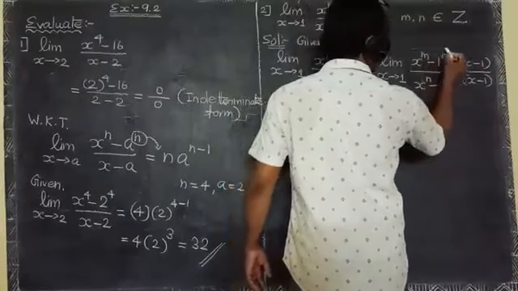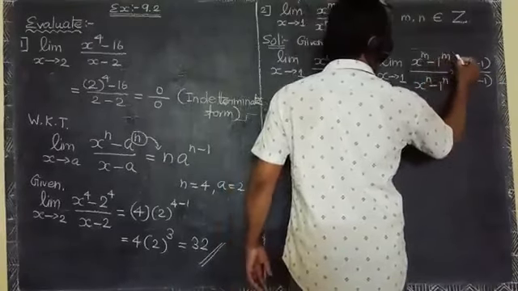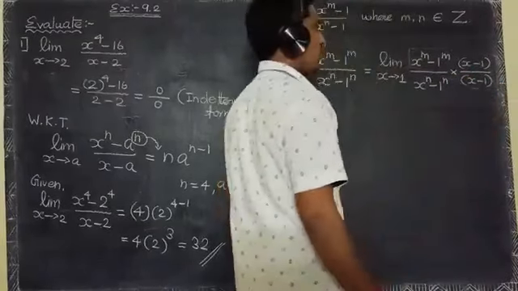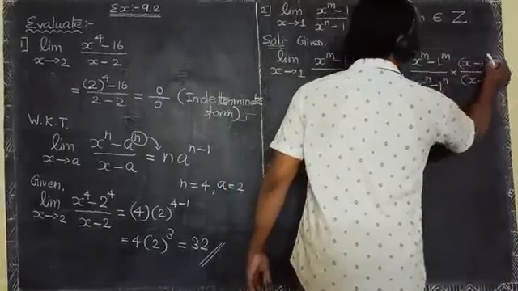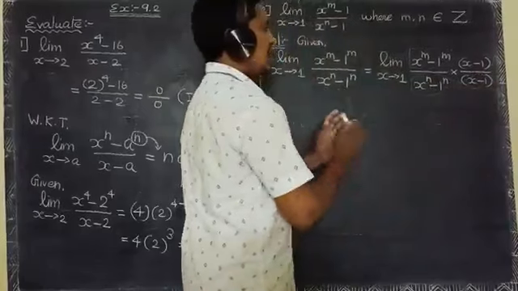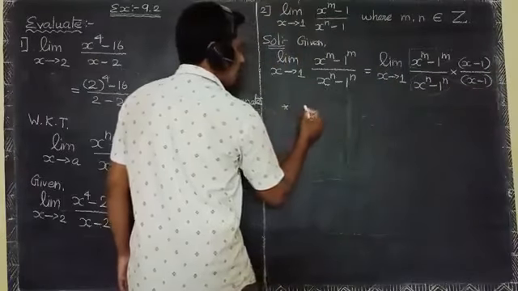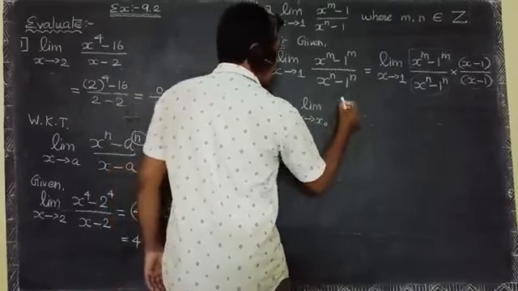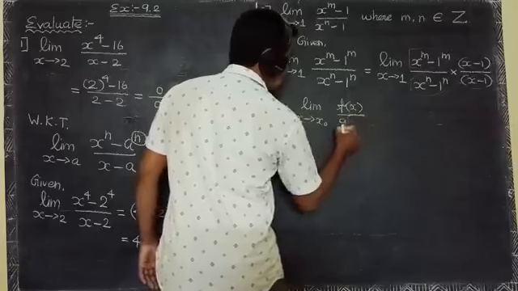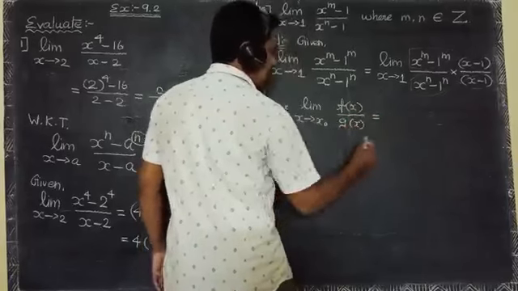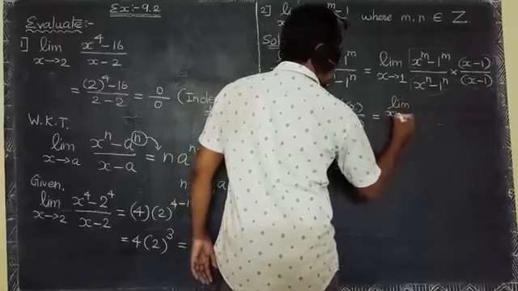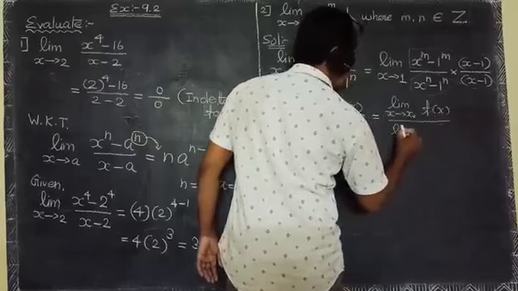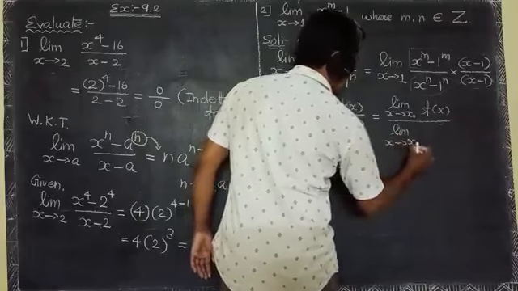Here, x power m minus 1 power m in the numerator and x power n minus 1 power n in the denominator each have the factor x minus 1. We collect this with one and that with the other. You know the property: limit x approaches x naught, f of x divided by g of x, is equal to limit x approaches x naught f of x divided by limit x approaches x naught g of x.